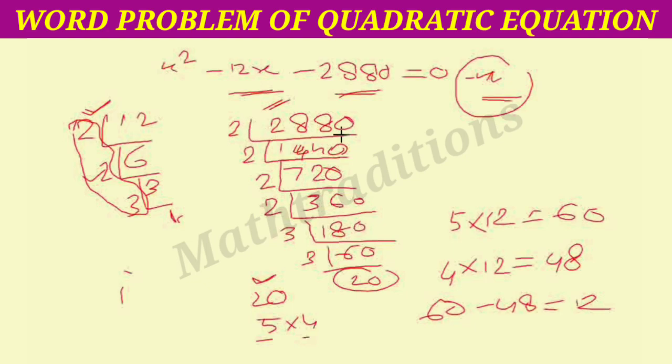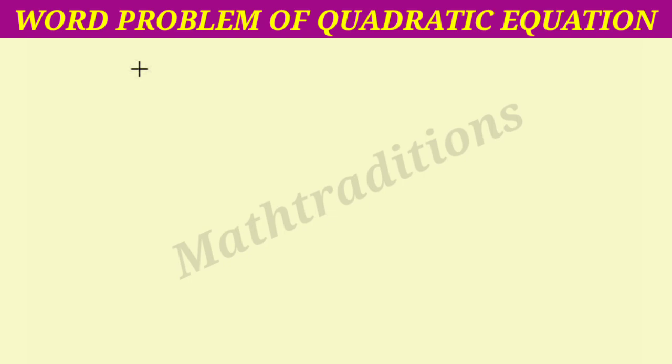So our equation is x square minus 12x minus 2880 equal to 0. Now as we have got the factors, we write it as x square minus 60x plus 48x minus 2880 equal to 0. Now factorize this, you will easily get the factors x minus 60 and x plus 48.